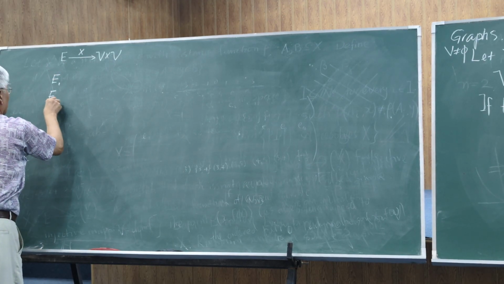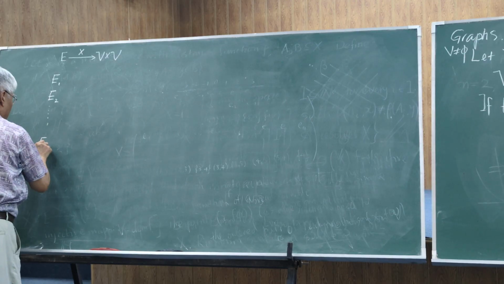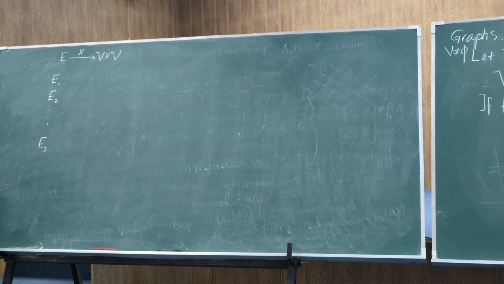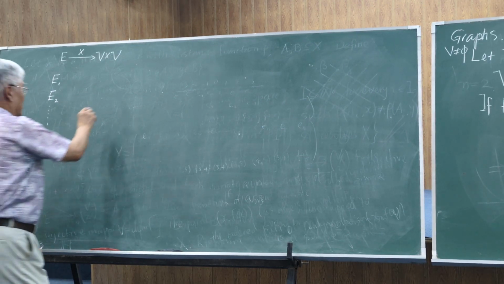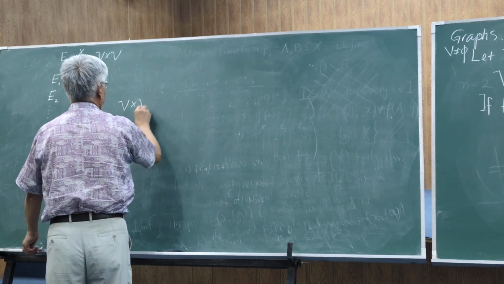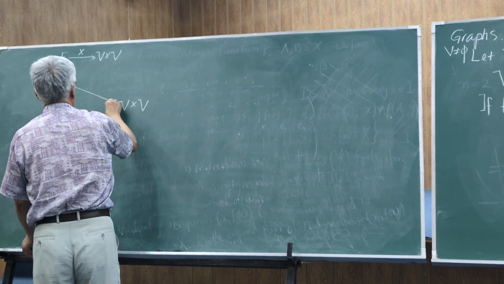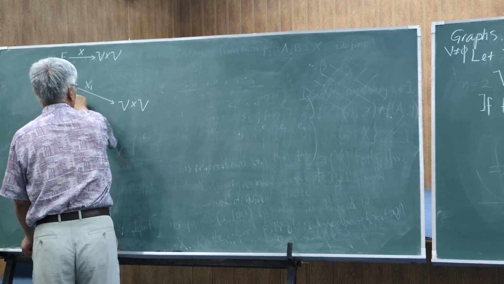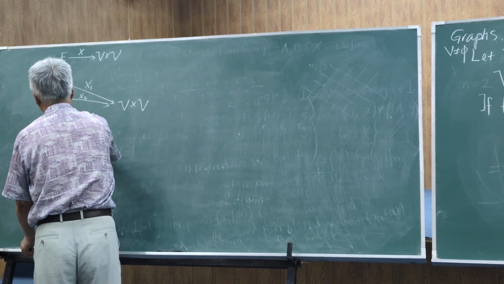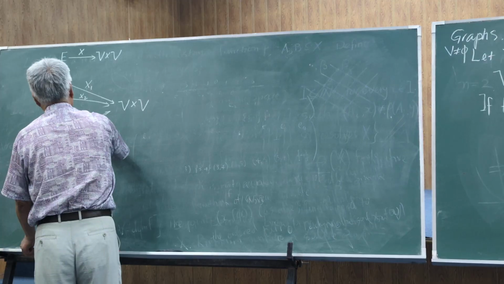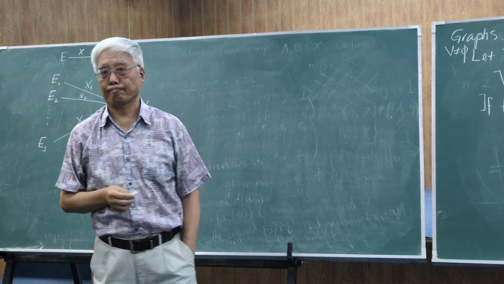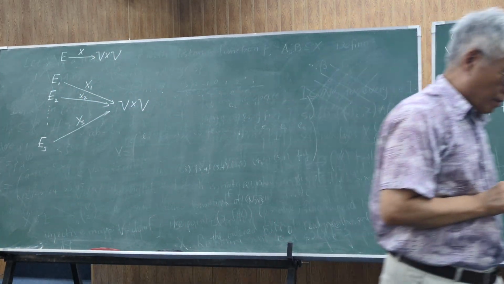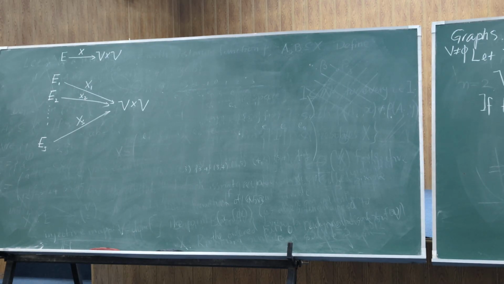So let us say it's E1, E2, up to Es. The right side we're not going to touch. From each of these you have X1, X2, up to X. What do we have now? We can give a very simple name to this, using two words. If you have one equation, you have an equation.